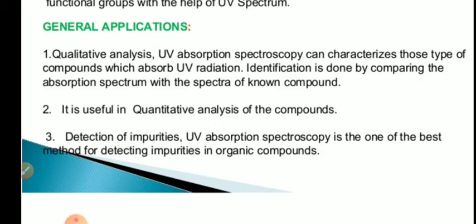Identification is done by comparing the absorption spectra with those of known compounds. We already have some known absorption spectra, and the spectrum of an unknown compound is compared with the known compound, and you can find out whether the particular compound you are expecting is present or not. So the typical absorption spectrum of a compound helps you in its identification.